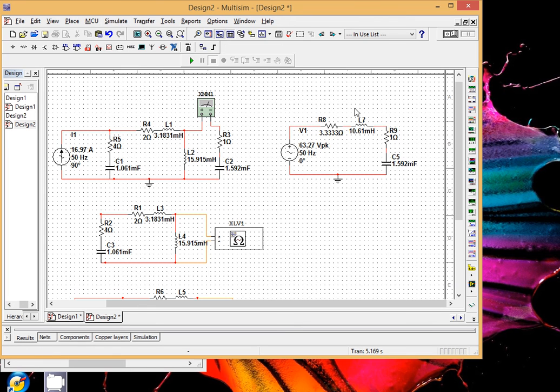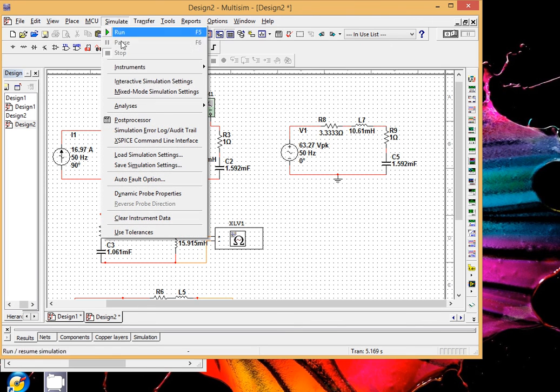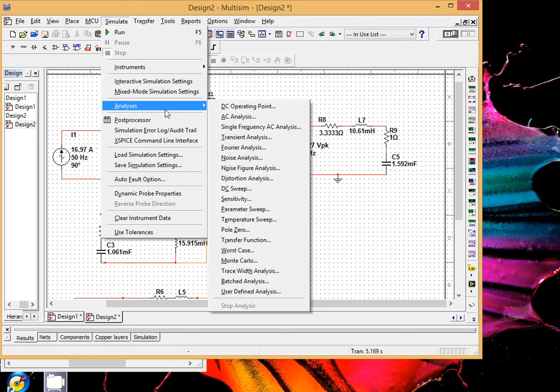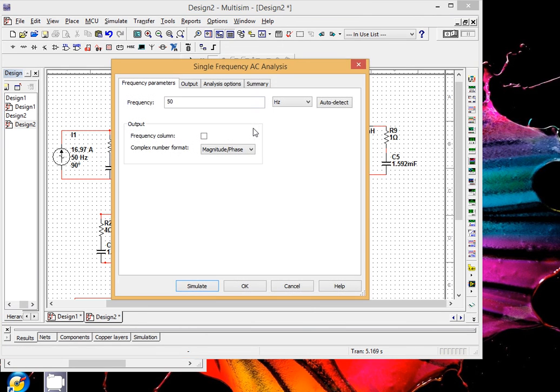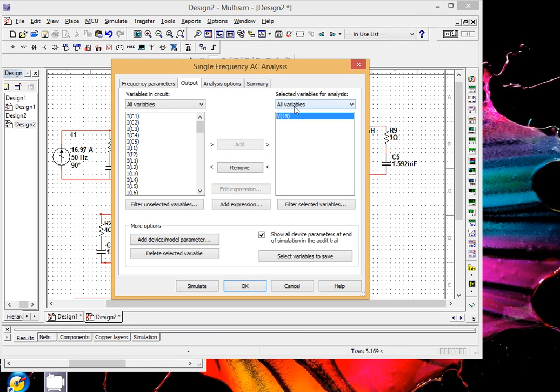So to determine the value of magnitude and angle for the current, you need to perform the single frequency AC analysis again. So from here, just leave the frequency at 50, magnitude and phase, and then for the output, remove this.